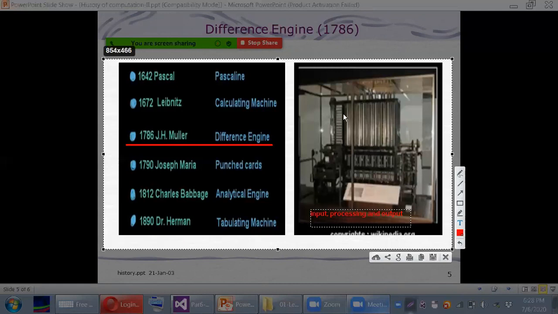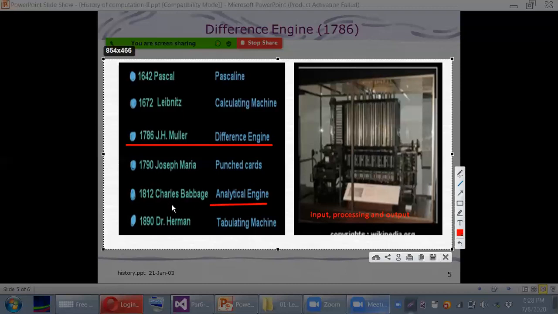And based on this difference engine, another most important computing device was invented, which we call the analytical engine. The analytical engine was based on the difference engine, and it was invented by Charles Babbage.